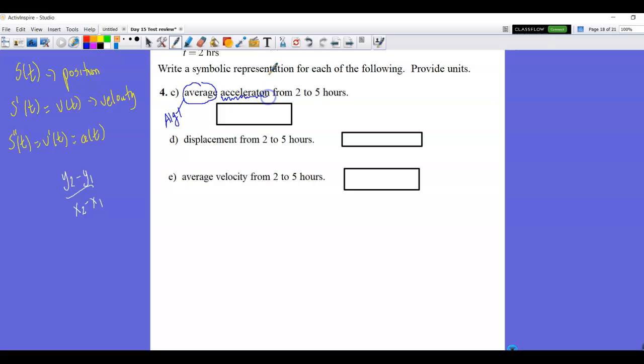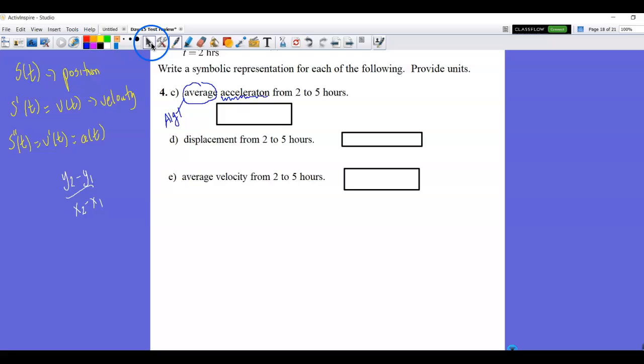We've talked about this many times. Average acceleration is not the change in acceleration over change in time. You have to go back to the velocity.